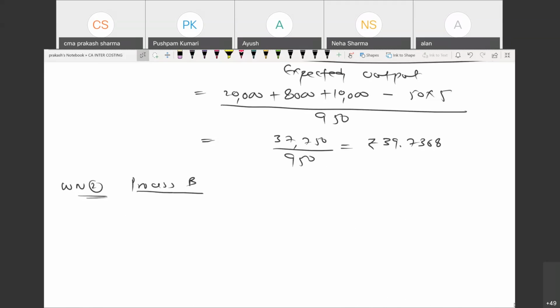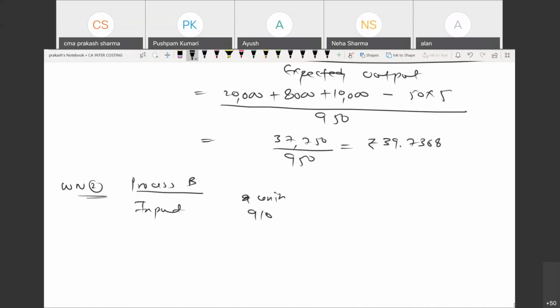It might have been possible that 910 units are transferred from process A and fresh 500 units are also added to process B. In that case, our total input will become 910 plus 500 units. But in this question, no extra units are introduced in process B. So whatever is output from process A becomes input for process B. So here our input is 910 units.